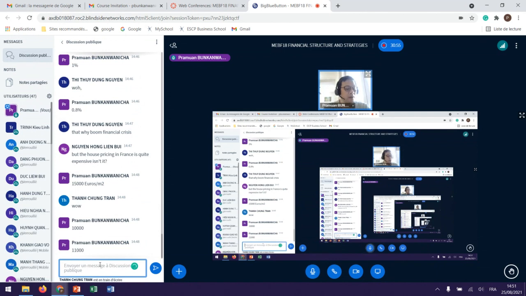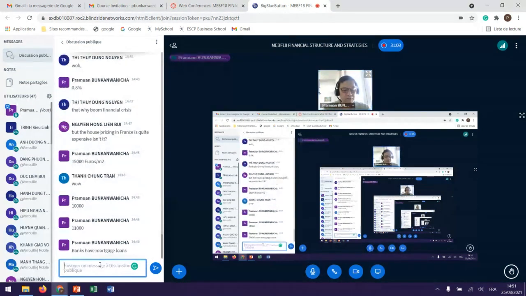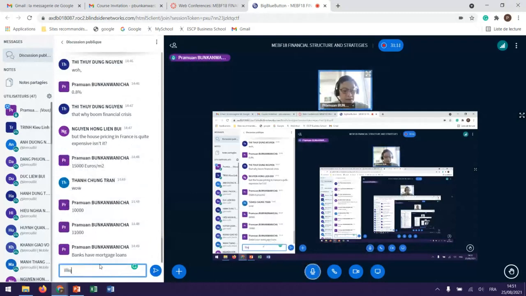The bank has the mortgage loan, which is an illiquid asset, right? An illiquid asset, because the maturity is long.